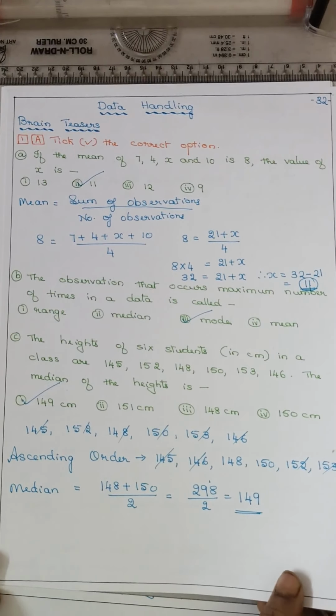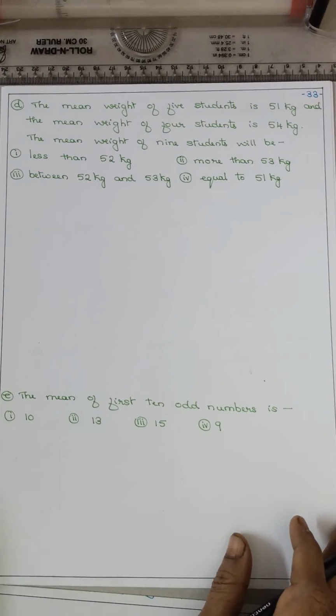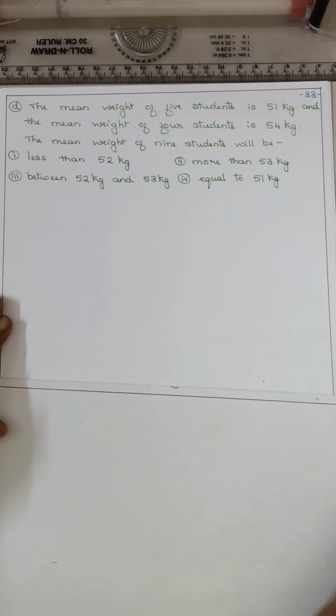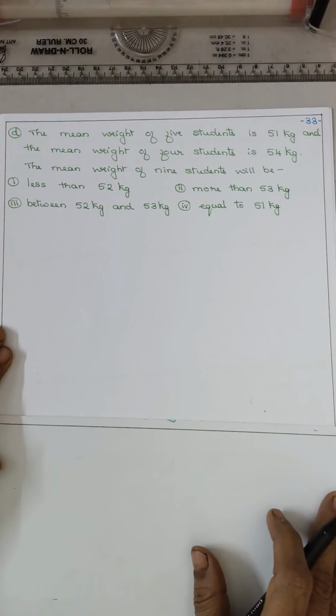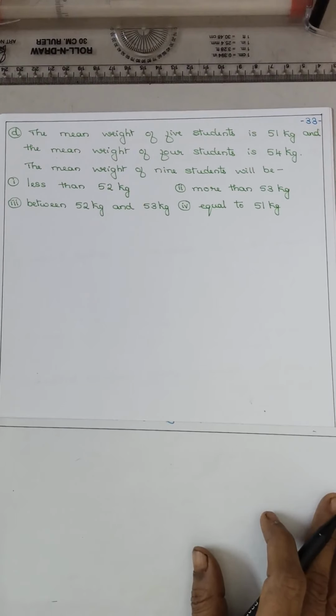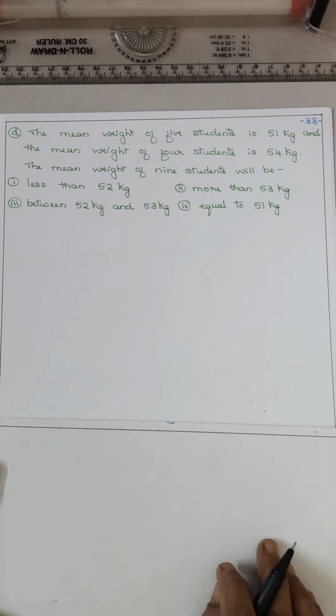Now coming to question number D. The mean weight of 5 students is 51 kg and the mean weight of 4 students is 54 kg. So the mean weight of 9 students will be how much?